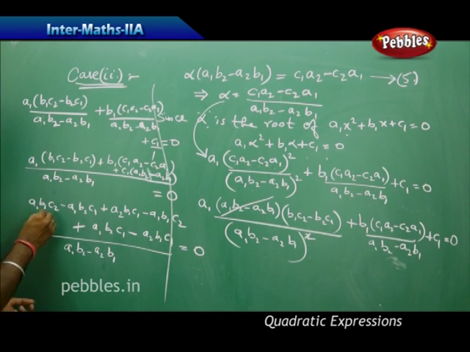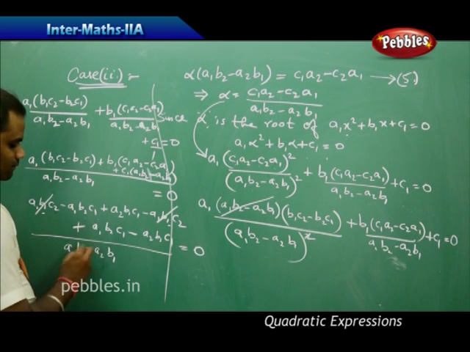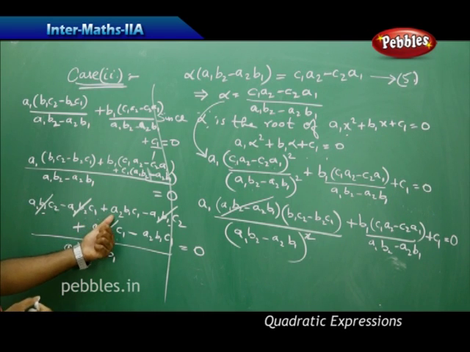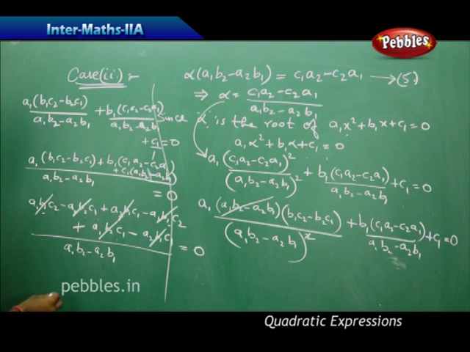Now, when I see this, a1b1c2 and a1b1c2 are similar, so they get cancelled. Similarly, a1b2c1 and a1b2c1, plus and minus, get cancelled, and a2b1c1 and a2b1c1 get cancelled, so that I get this entirely equated to 0, identically equal to 0.